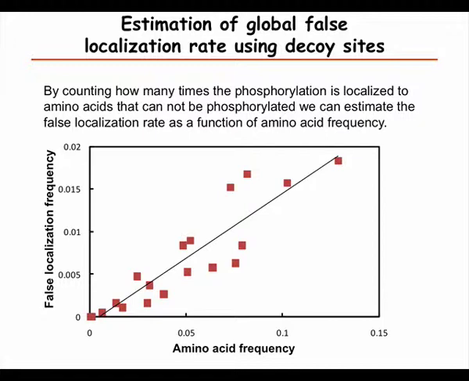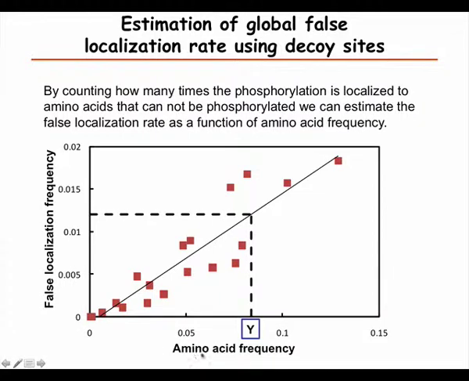Then we can get this relationship between amino acid frequency and false localization rate. We excluded tyrosine, of course, because we know that those are most of the time correct.